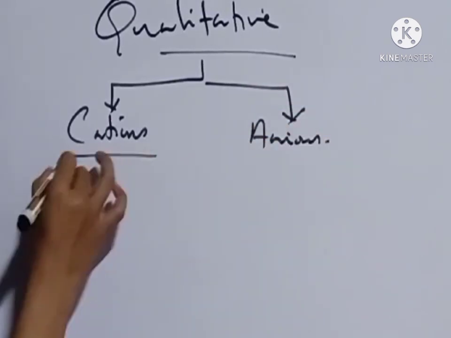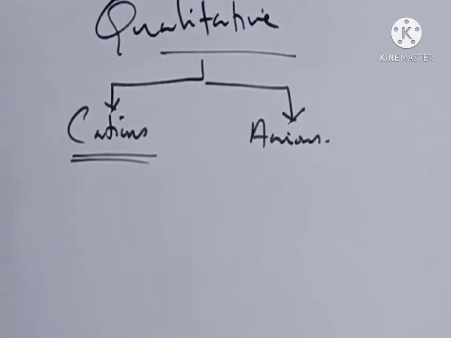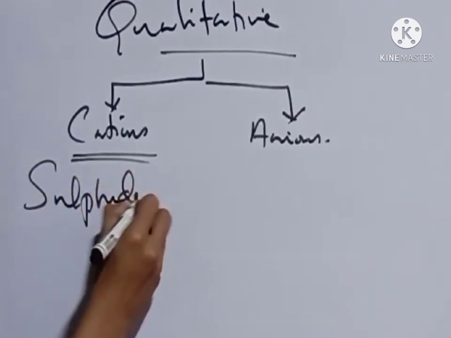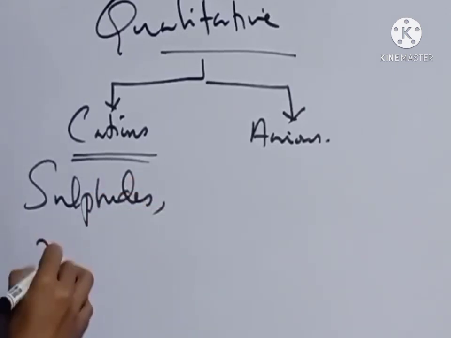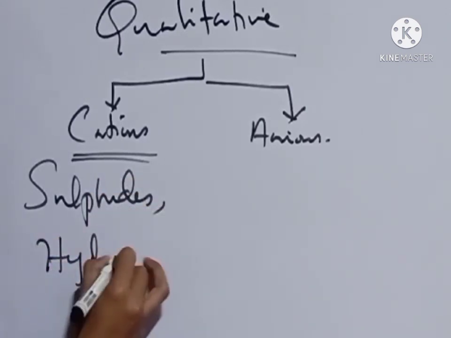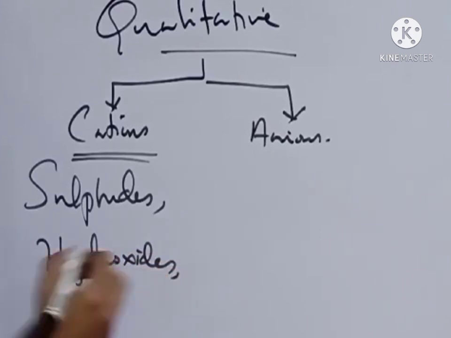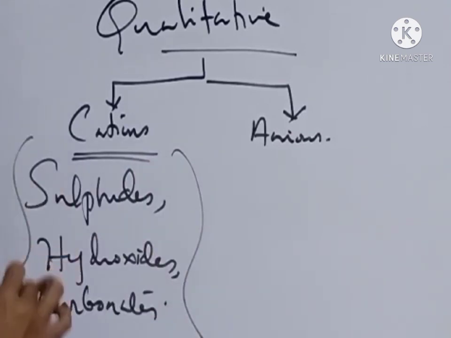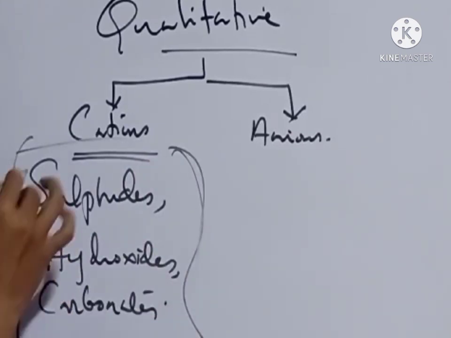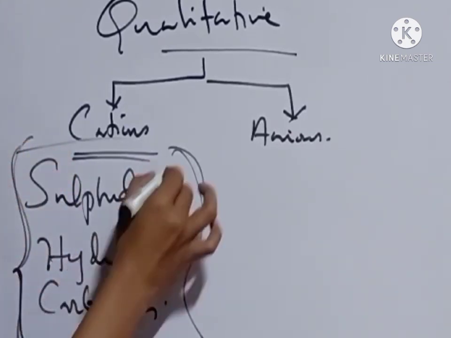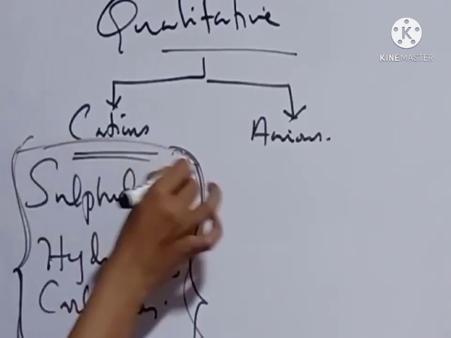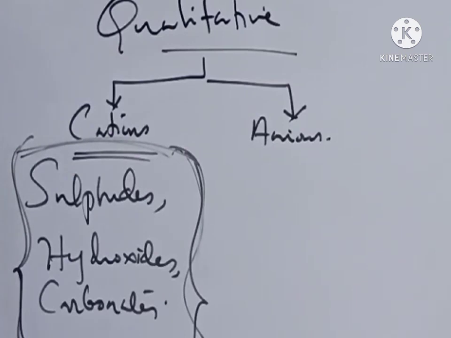So in qualitative analysis, we are going to find out the cations and anions. Cations are normally precipitated as sulfides, hydroxides, or carbonates. So here, how do common ion effect and solubility product work in the detection of cations?